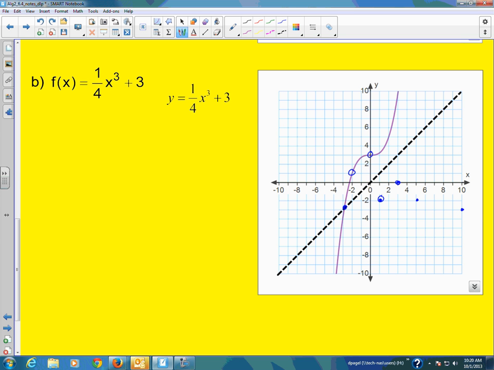So my graph is going to do something like this. And then, what's it going to do here? Wrong way.